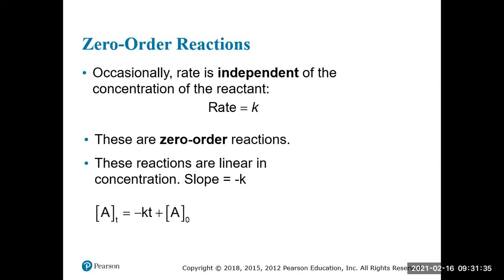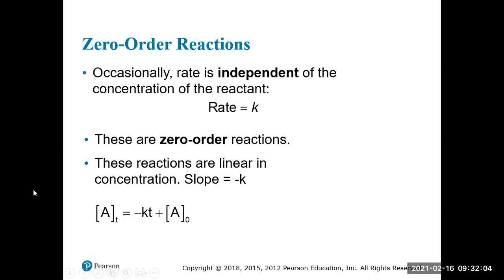In that case, we can plot it in a y equals mx plus b type of configuration, where y is the concentration at some time, minus k is the slope, time is what's plotted on the x-axis, and the initial concentration, A sub 0, is the y-intercept.